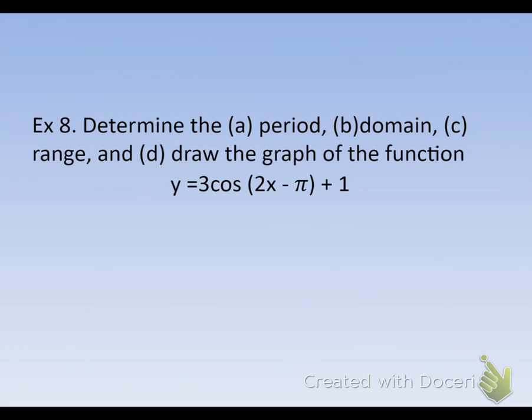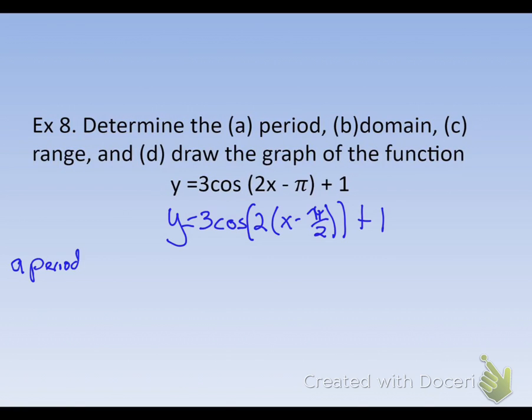So we are going to factor out the 2. So I have y equals 3 cosine, and then I have parentheses 2x minus pi over 2 plus 1. Okay, so for our period, for A, we're going to have to use the fact that we know that 2 pi over b equals our value right here, 2.